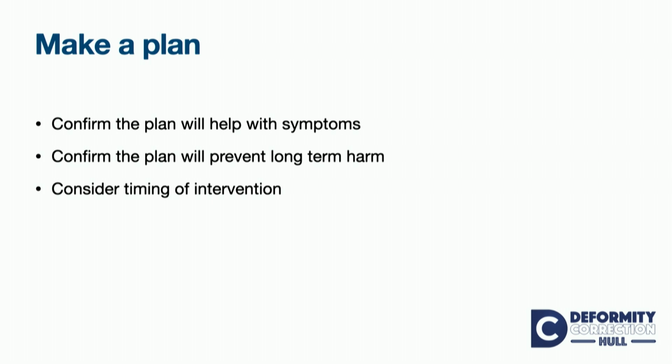Just because you can break the bone and straighten it, does that mean you should? Is that to their advantage? And also consider carefully your timing of intervention. With kids, you can time things to really reduce the impact on schooling. With adults, they might have life events they want to delay it. A lot of this stuff can wait. It doesn't have to be done tomorrow.